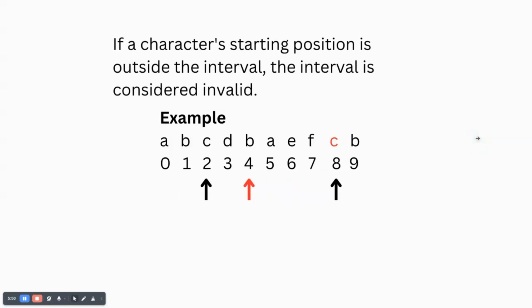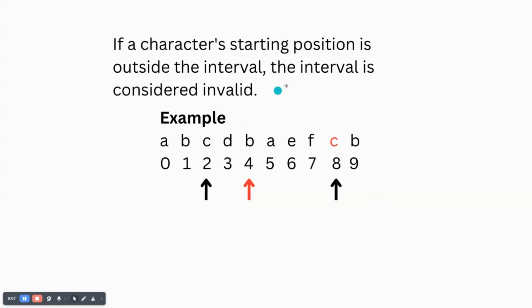One thing that you have to note is, let me just change this A into C for demonstration purposes. Let's say our interval is this, starting at 2 and ending at 8.